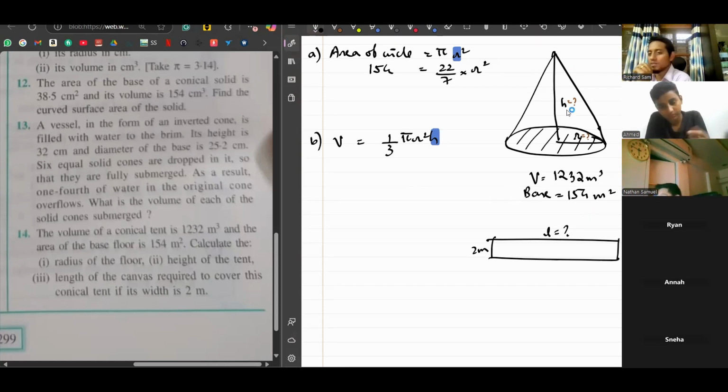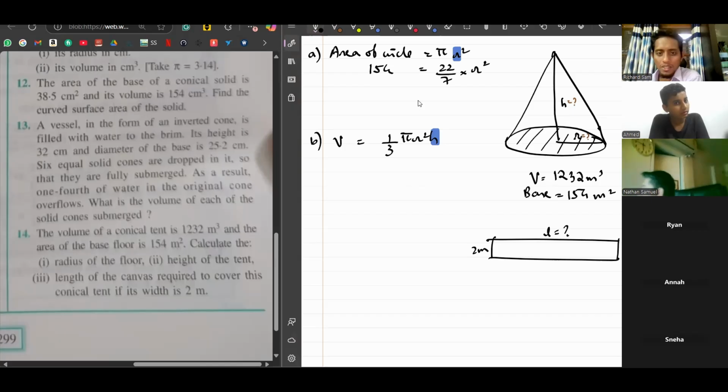The surface area of the tent should be equal to the surface area of the cloth that you're using. Okay, did you all get A and B? What is the radius? 7. Here, what's the height? 24. What's the unit? Everything is in meter. Meter. All right.